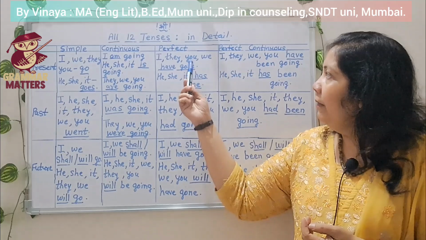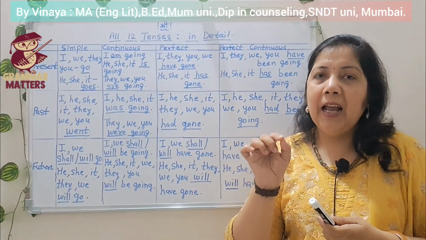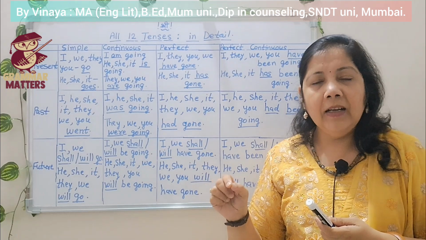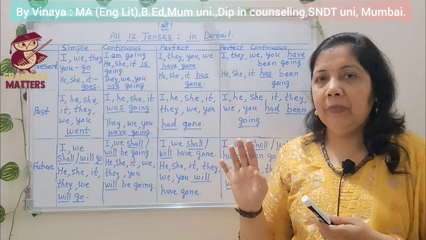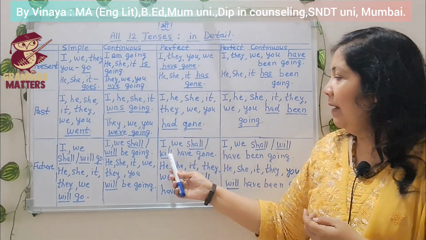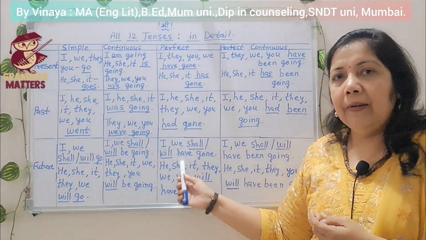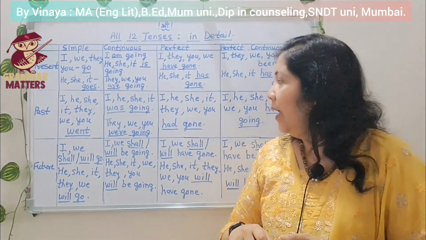So while identifying tenses, keep in mind that when has, have or had is there, the word perfect has to be there in the name of the tense. So here it is have, had, and here has or have.